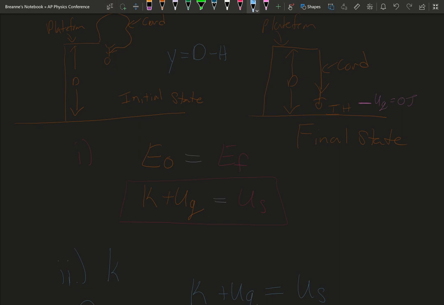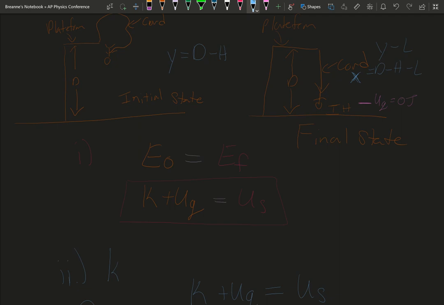So remember the cord length was L. So we know that the person fell D minus H, but to know how much the cord actually stretched, we're going to have to do Y minus L, which ends up being D minus H minus L, to figure out our X. So remember, X is pretty much how far it was displaced.